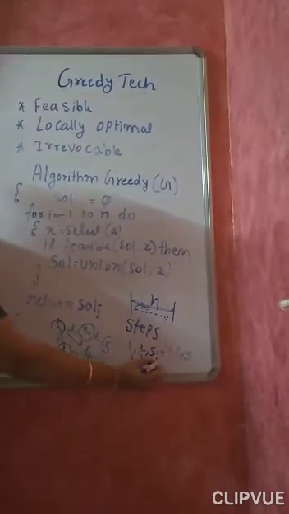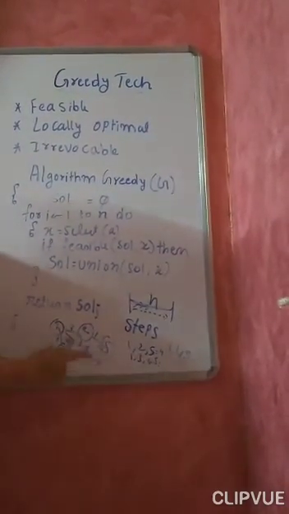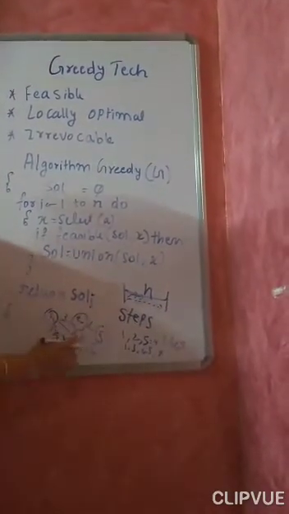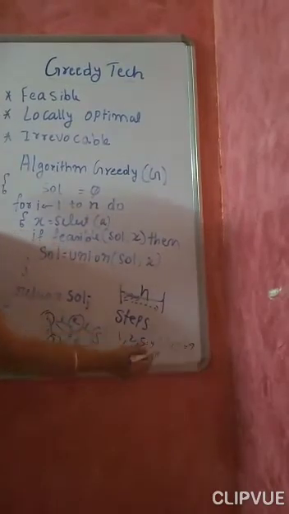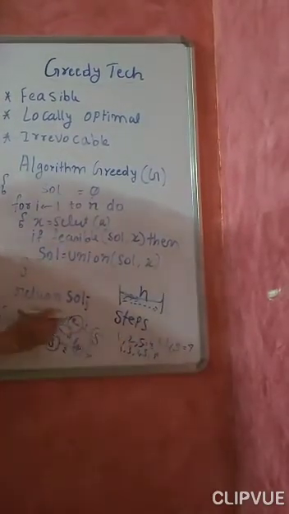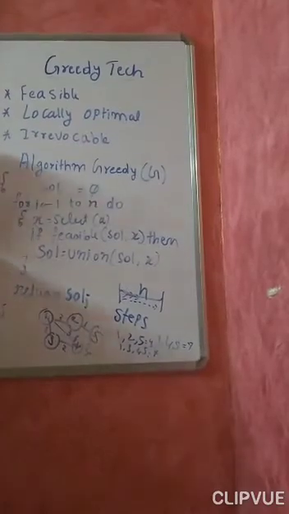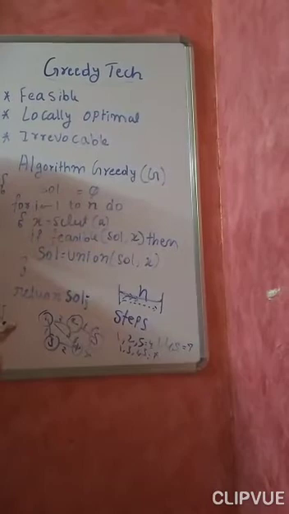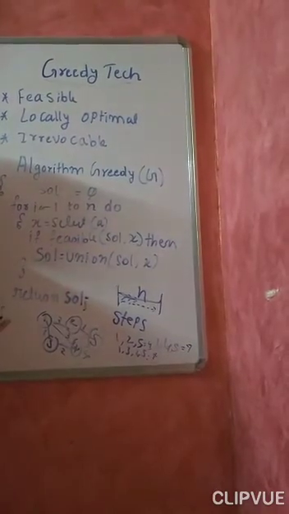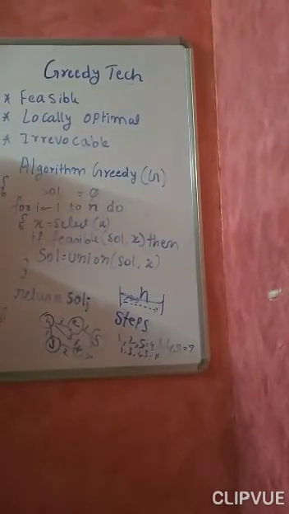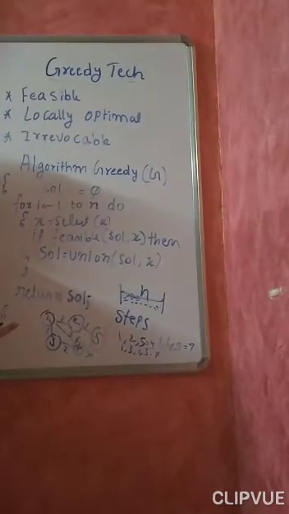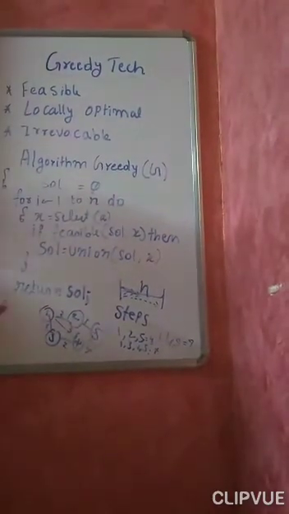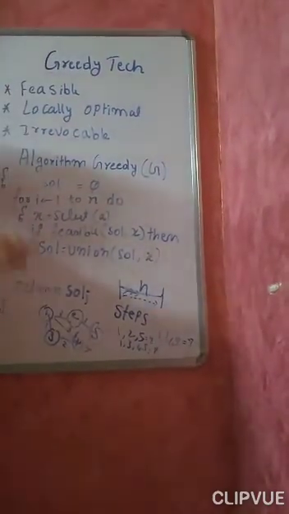For 1, 3, 4, 5, it is 7. For 1, 4, 5, it is 7. Which is the best among these? 1 to 5. That is called the optimal solution. Now you got the difference between a feasible solution and an optimal solution. A feasible solution satisfies all the constraints of a given problem, and an optimal solution is a feasible solution that is also the best.